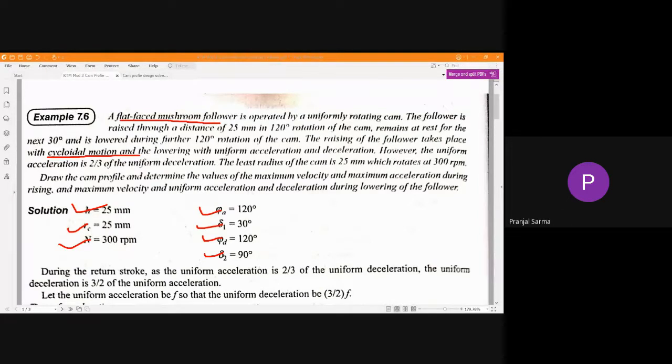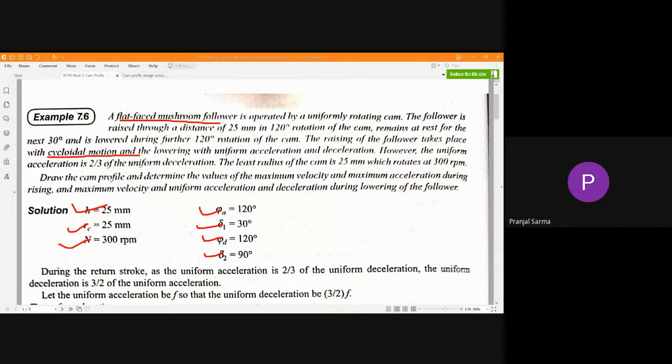Also, this last problem was interesting in the sense that previously, if you are saying uniform acceleration, uniform retardation scheme, in most cases we have considered automatically that 50% of that particular stroke, whether it's a rise stroke or return stroke, is with uniform acceleration and the other 50% is with uniform retardation.